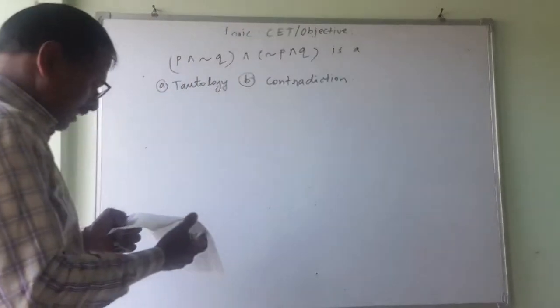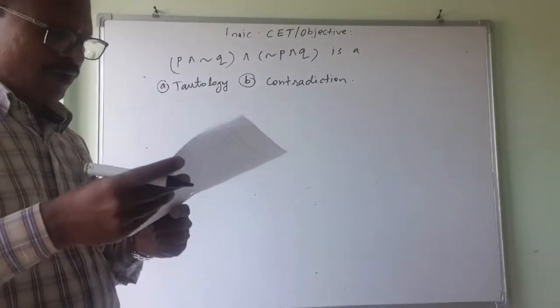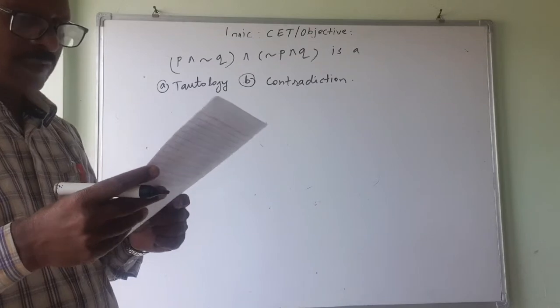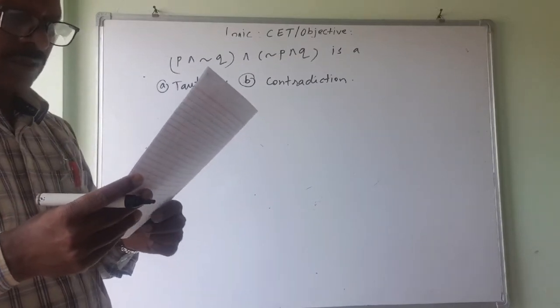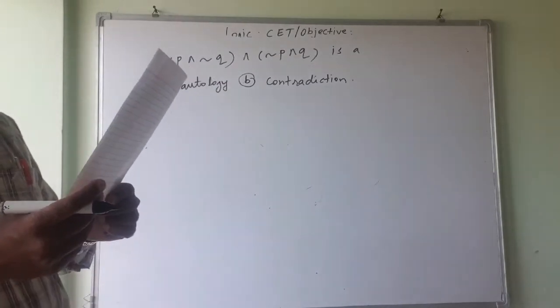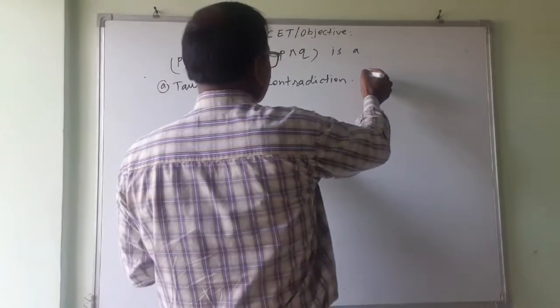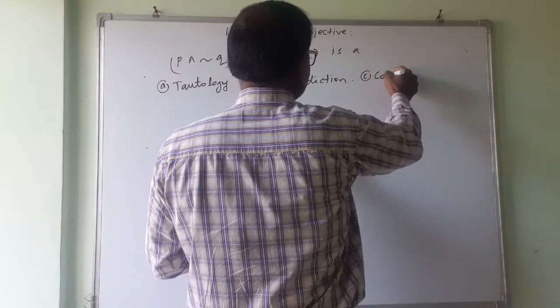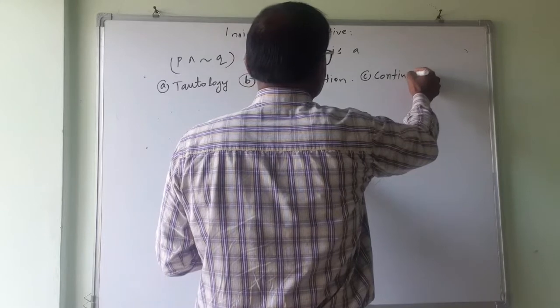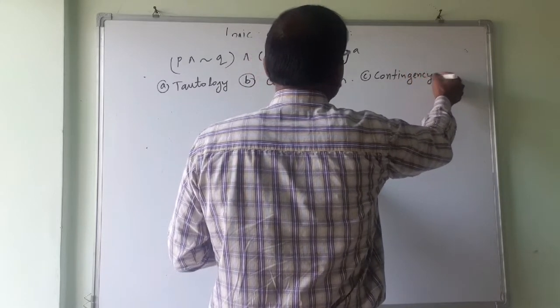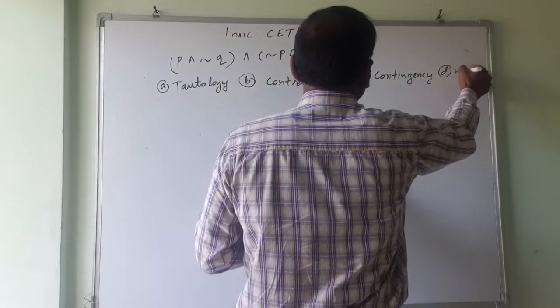The other two are there, I am not writing them. Tautology, contradiction, the other is contingency, that should be written. C, contingency, and D is none. All I will write.